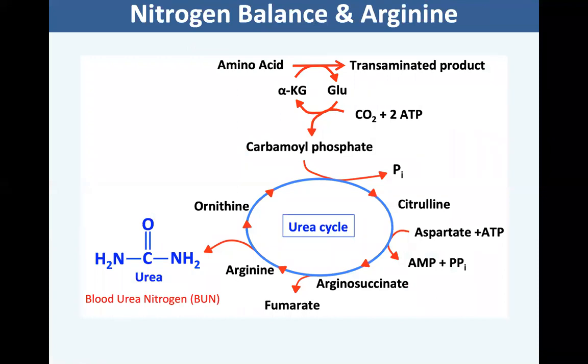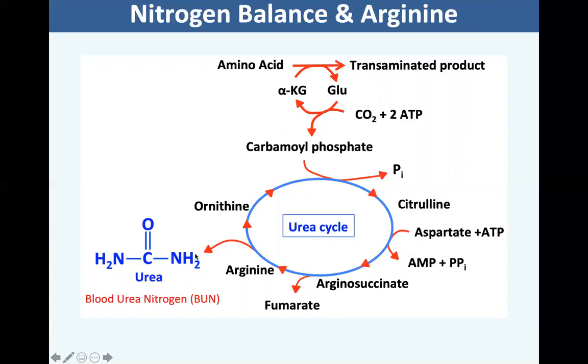So we've transaminated an amino acid. We made glutamate. What happens to the glutamate? Well, you shouldn't memorize this cycle at all, but you should appreciate a couple critical factors. That is, the glutamate will donate its amino group to make carbamoyl phosphate, and then you regenerate alpha ketoglutarate. And that amino group is going to fly through the cycle here, and ultimately what you see is that it's going to make urea.